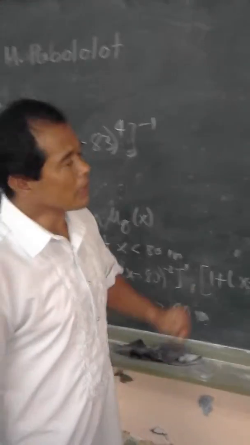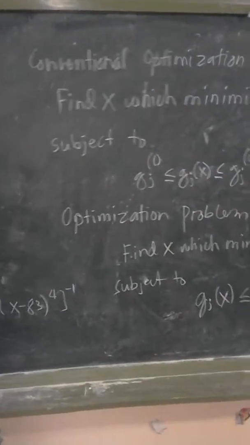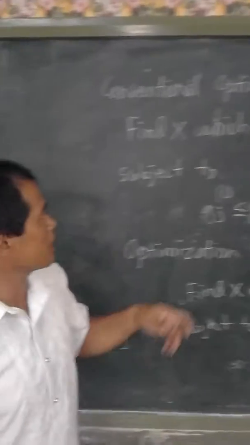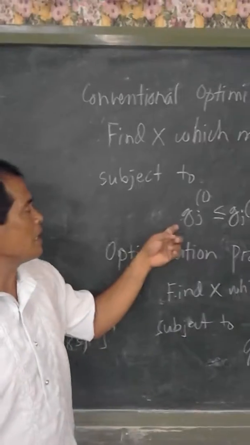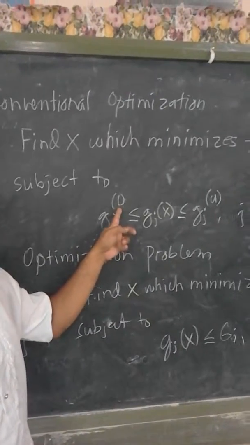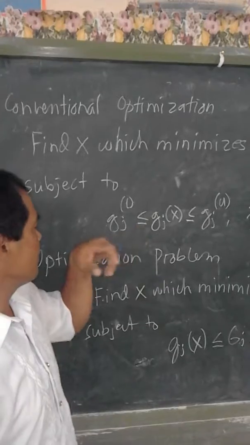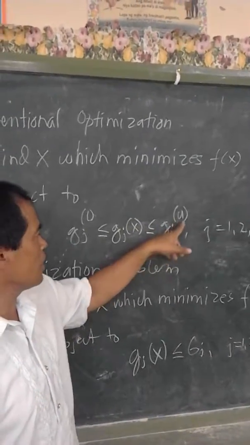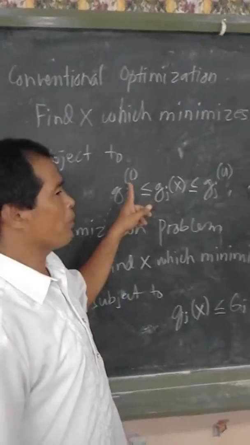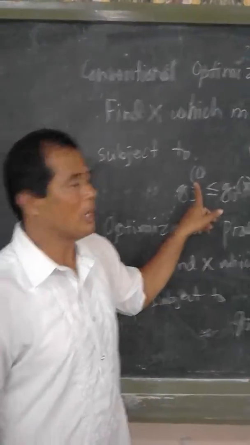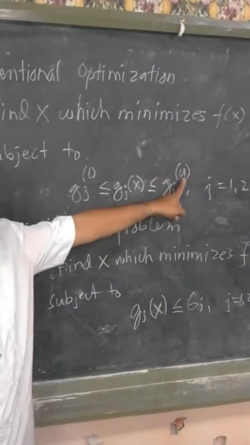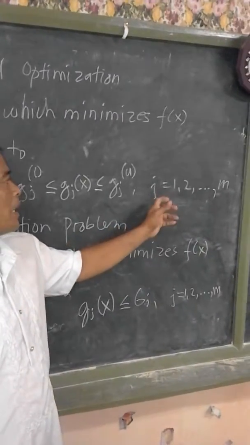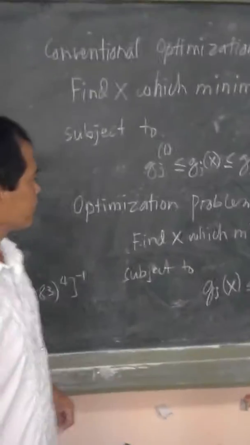Okay. We go now to the conventional optimization. With this equation, we find x which minimizes f of x subject to the constraint g sub j to the L less than or equal to g sub j of x less than or equal to g sub j to the u, where L is the lower value and u is the upper value, where j runs from 1 to m.